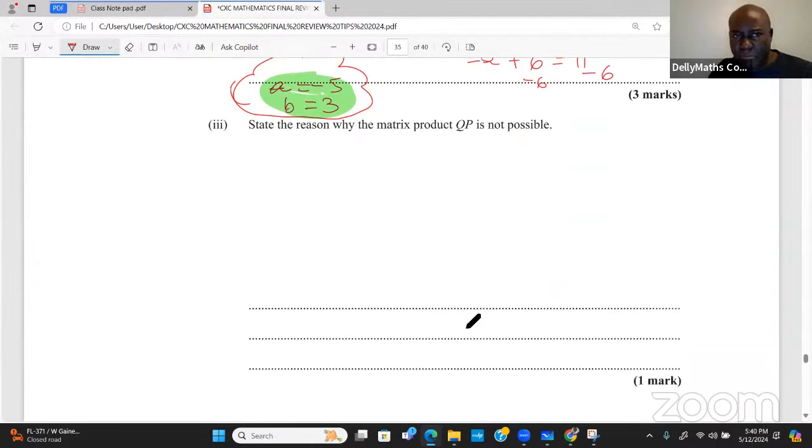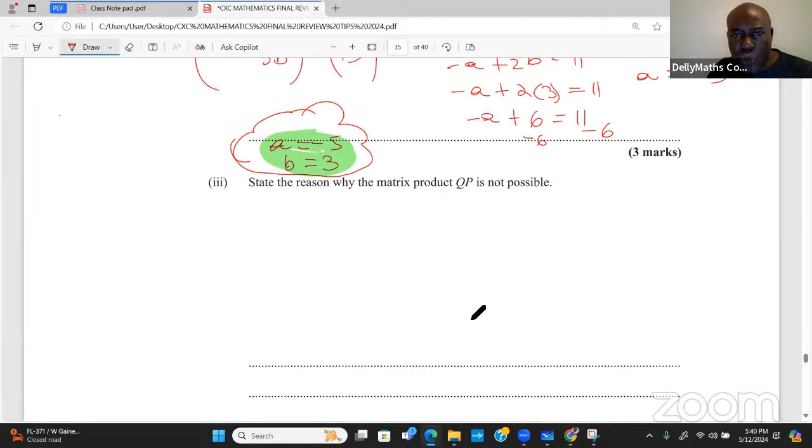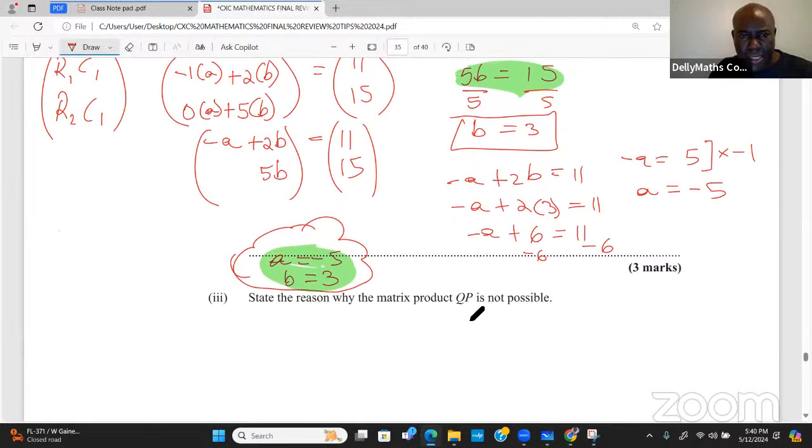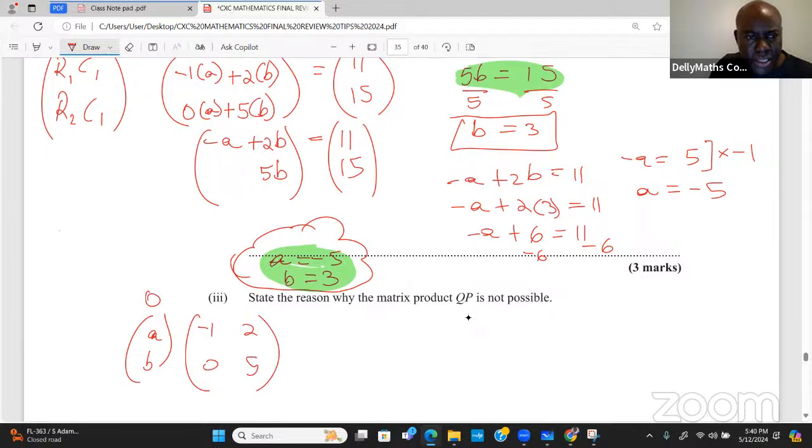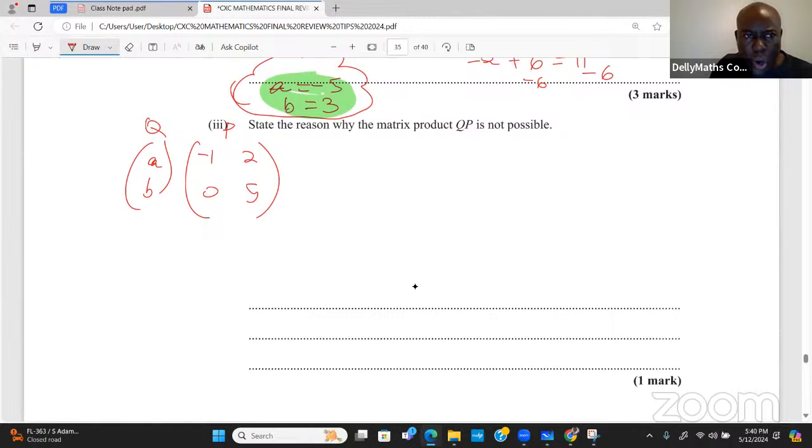It says now the third part says, state the reason why matrix PQ is not possible. Right? Let's write them down. I normally write them down. QP. Q is A, B, and P is negative 1, 2, 0, 5. Let me write it. This is Q, this is P. What's the order of this matrix?